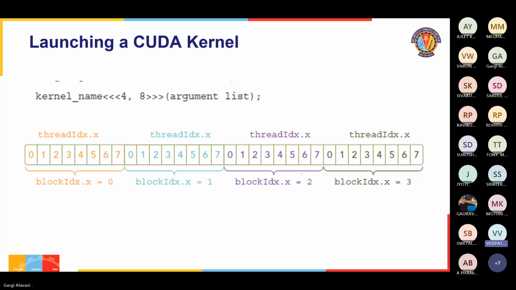I have one question here. How do we know the threads require shared memory or not? One way you can find out is at compile time, before execution of your code. You have some compile time flags with which you can calculate the shared memory requirement.